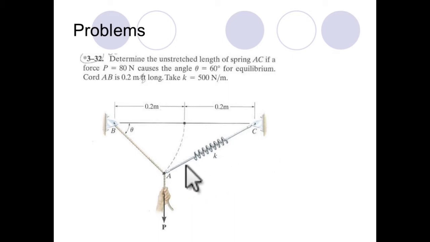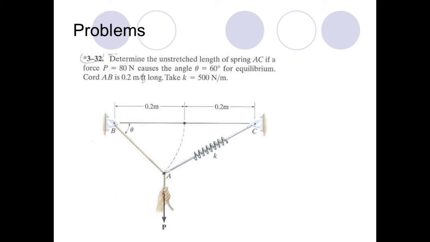Then I have to calculate the elongation in the spring. In order to do that, I have to determine the force coming to the spring. And at the end, after calculating the elongation, I will subtract it from the length AC, and I will find the original length of the spring AC. Okay, this is what I'm going to do.